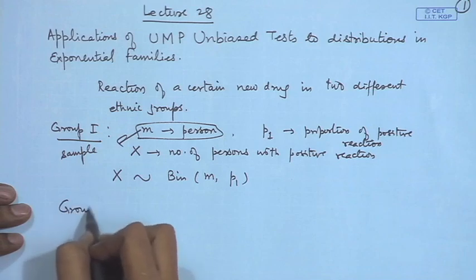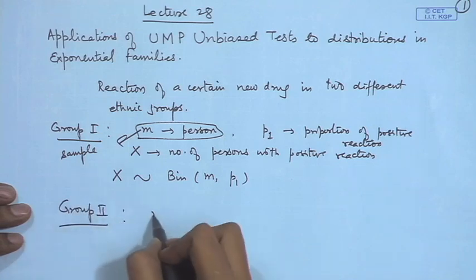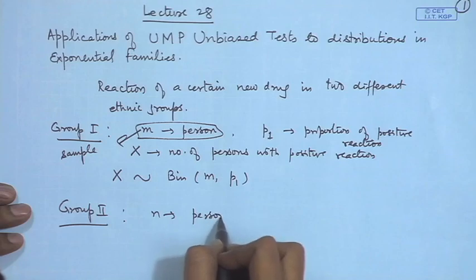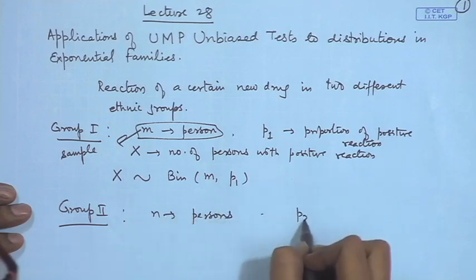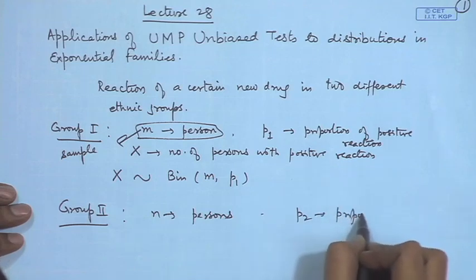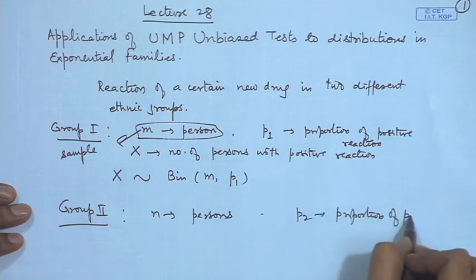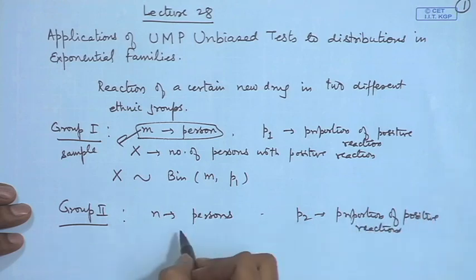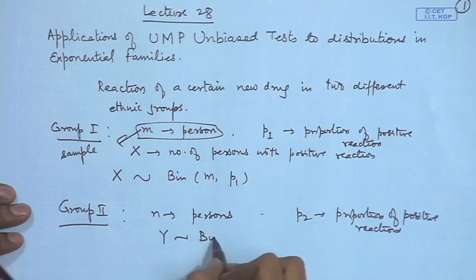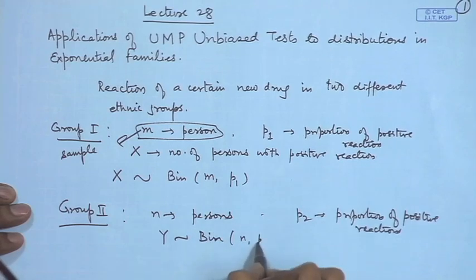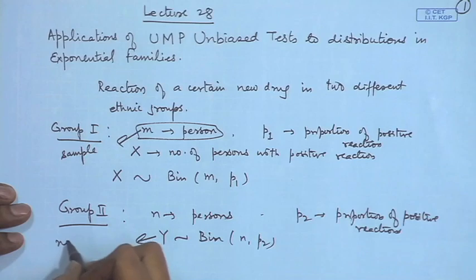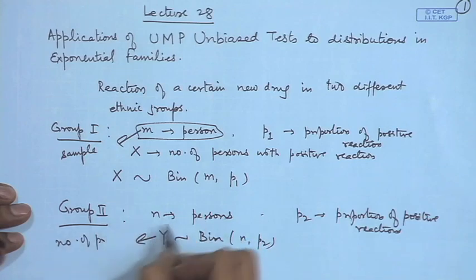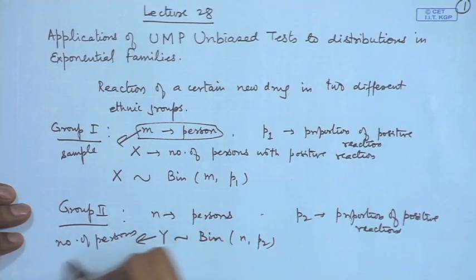Similarly, in group 2, you can consider say n persons are there, a sample of n persons is considered and P 2 is the proportion of say positive reactions, and then y follows binomial n, p 2, where y is the number of persons out of n with positive reactions.